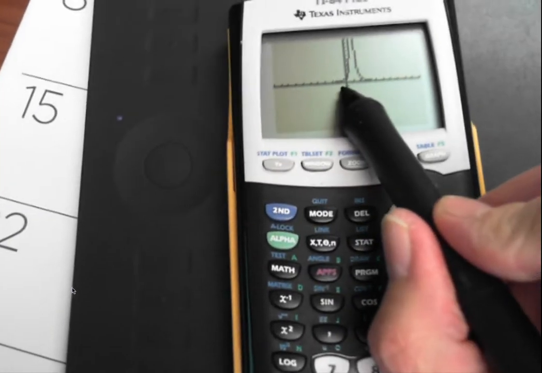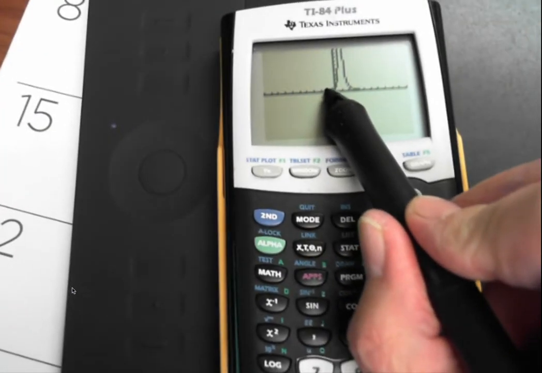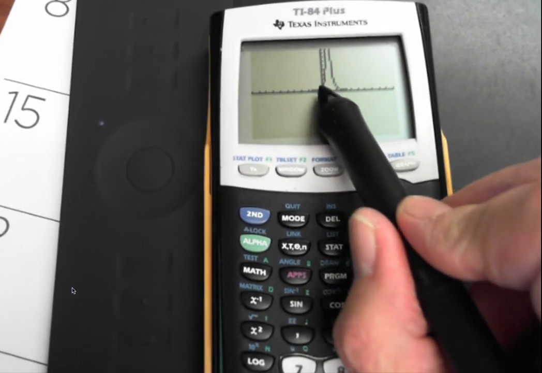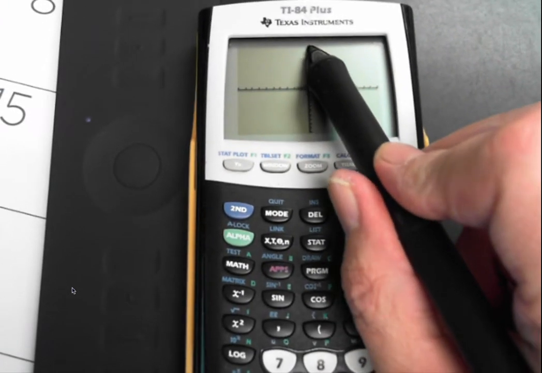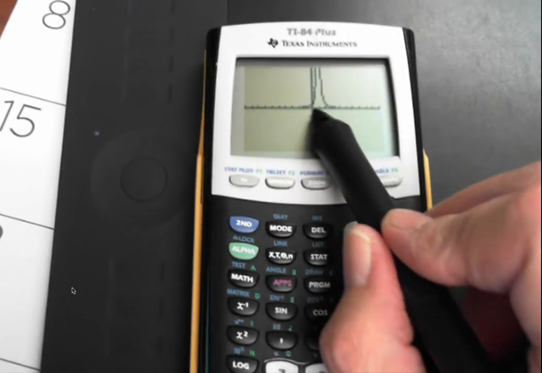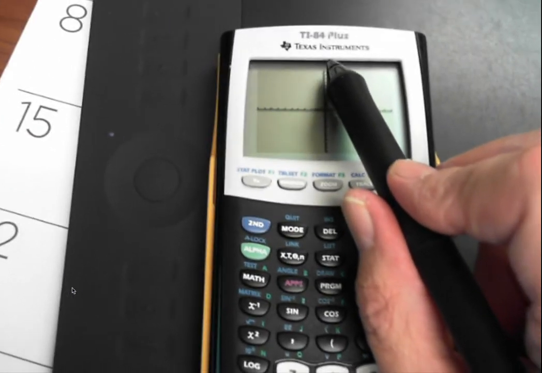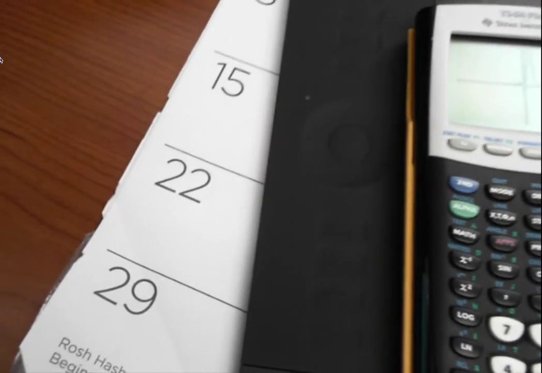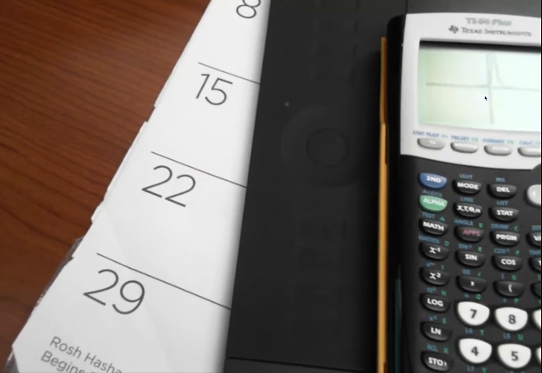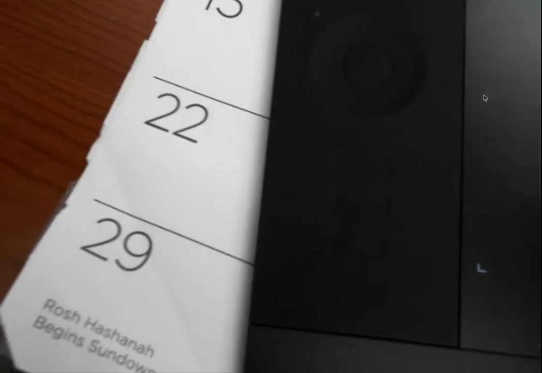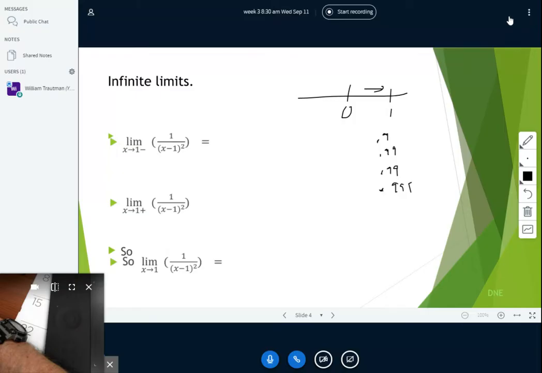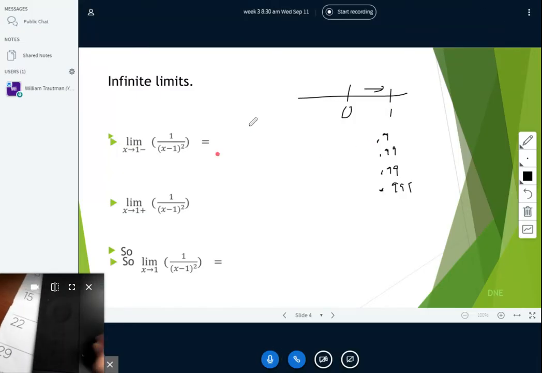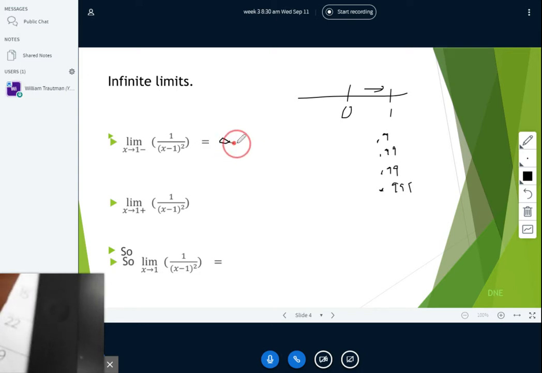If you look, here's 1 right here. As I approach 1, the graph goes up to infinity. You see, the closer I get, the higher it gets. So as I approach 1 from the left, the limit goes up to infinity.